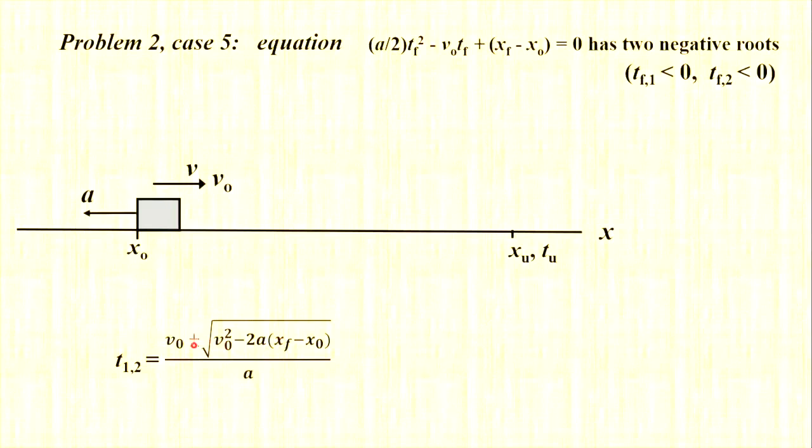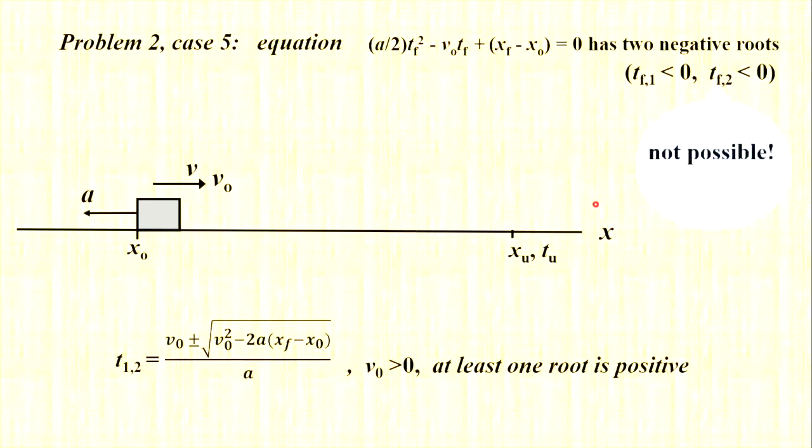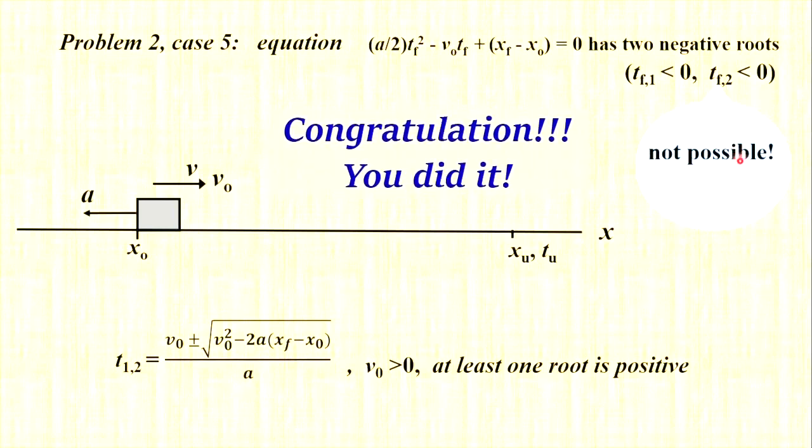And when we take here the plus sign, we will have the sum of two positive numbers in the numerator divided by a positive number in the denominator. It means that at least one root of this equation is positive for this situation when v0 is positive. And finally, we came to the conclusion that this equation cannot have two negative roots. With this, we completed consideration of one-dimensional motion with constant acceleration.